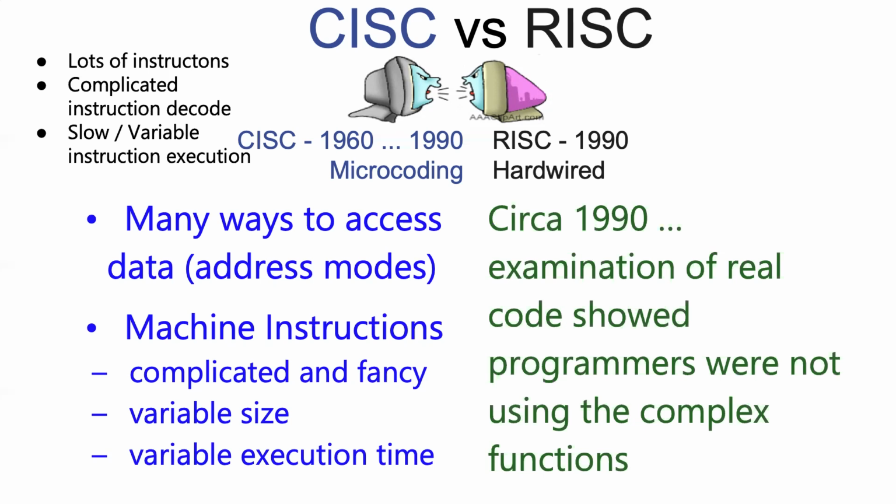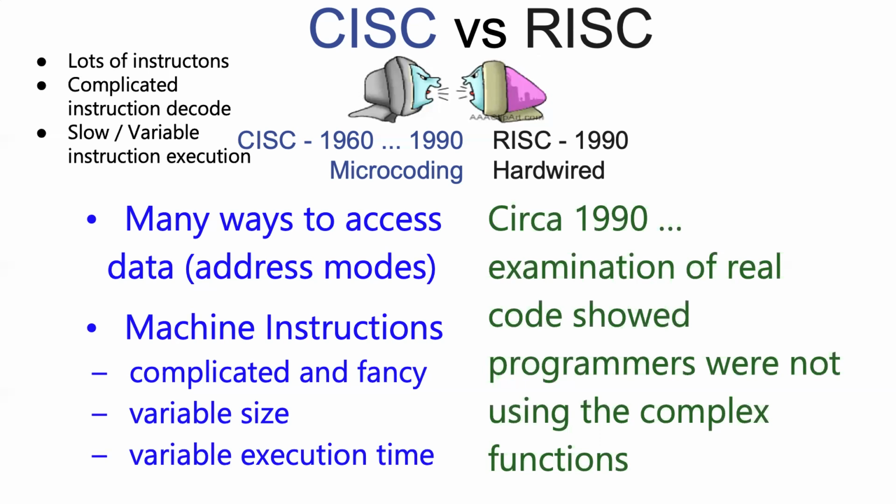Whereas the RISC model tries to simplify things a lot, especially getting rid of a lot of special purpose instructions, and trying to go with a small set of instructions that are at least enough to implement whatever you might want to do in a higher level language. This is based on the observation that a lot of those special purpose instructions that might have been built right into a CISC processor sometimes didn't get used that much in practice.